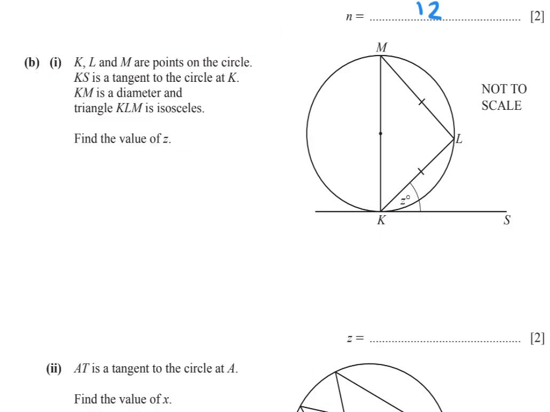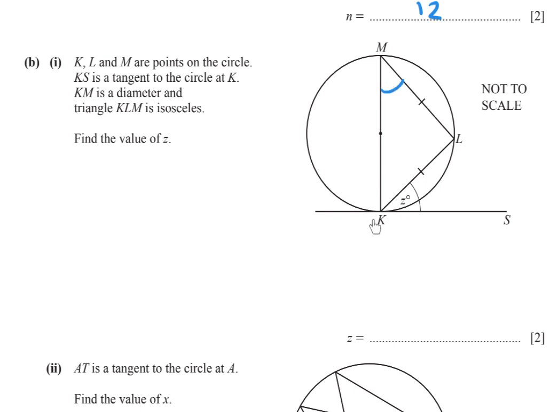8b(i). K, L and M are points on the circle. KS is the tangent to the circle at K. KM is a diameter. Triangle KLM is isosceles. Find the value of Z. We need to find this angle. Because of this tangent and this chord, Z equals that one, by the alternate angle theorem. So we need to find this angle.